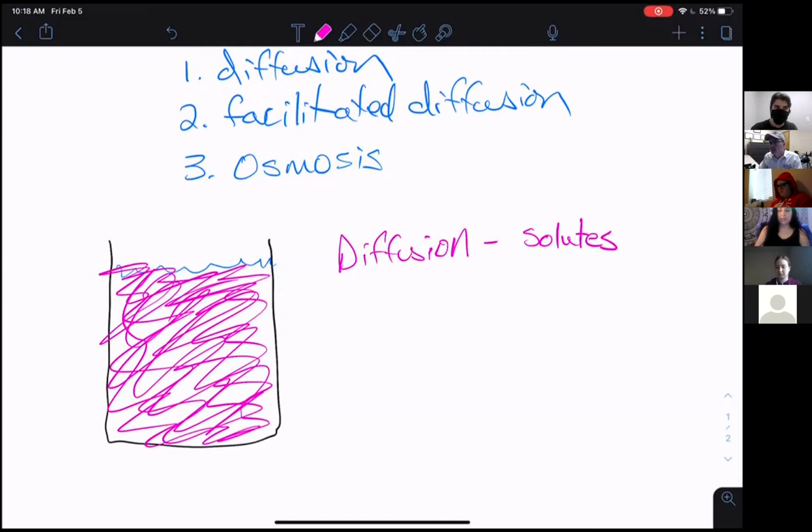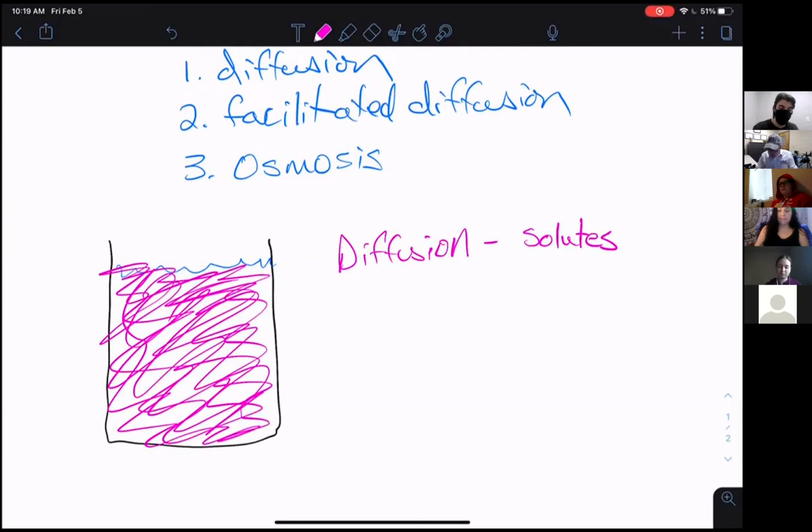A solute is something that is dissolved in something else. So salt, if you put salt into water, it dissolves, right? And so a solute is something that dissolves into something else. We call whatever it dissolves in, like water, a solvent, okay? A solvent is what dissolves something else like salt, and salt would be the solute.